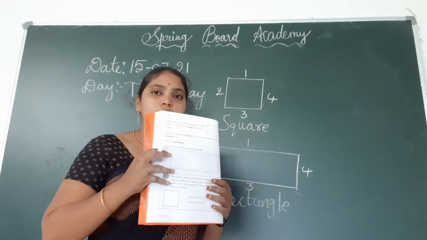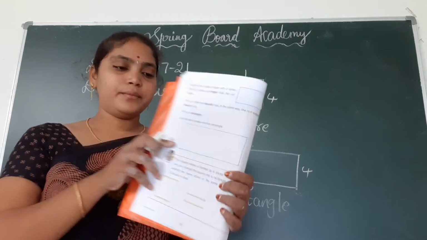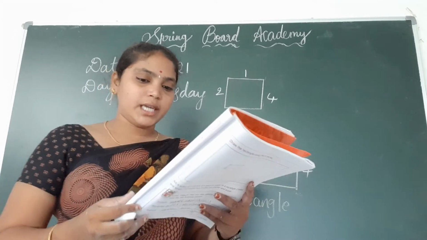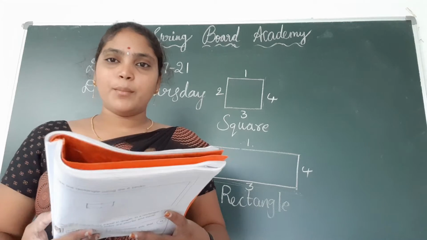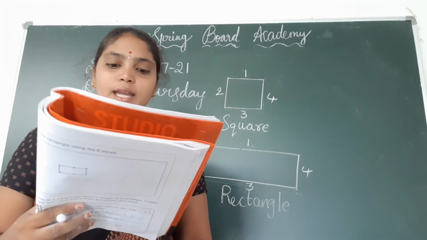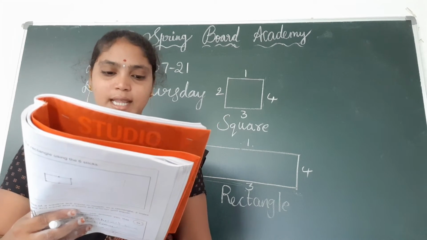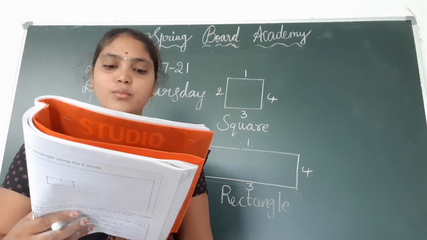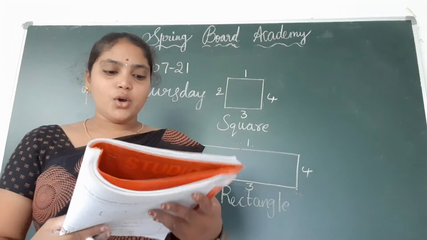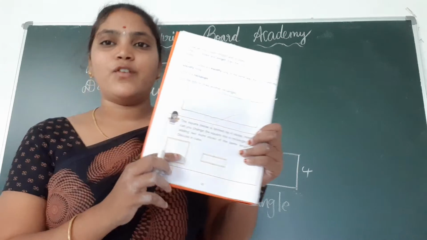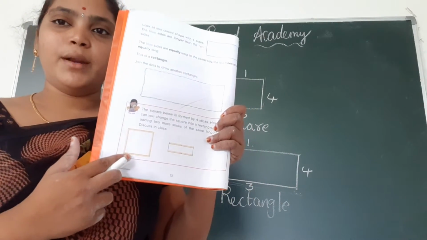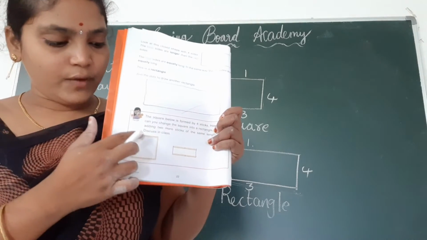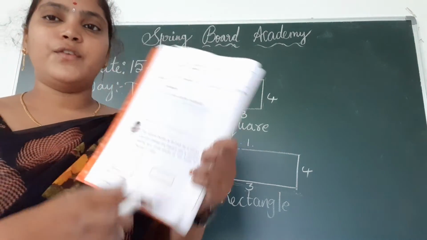Join the dots to draw another rectangle here. Next, look at 2.8. The square below is formed by 4 sticks. How can you change the square into a rectangle? By adding 2 more sticks of the same length. Here the square is formed by only 4 sticks, children: 1, 2, 3, 4.